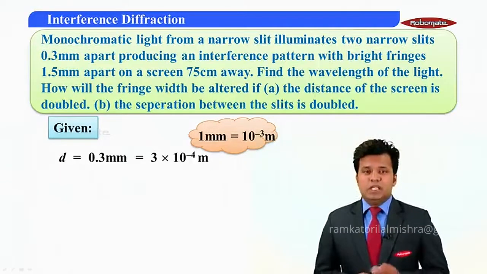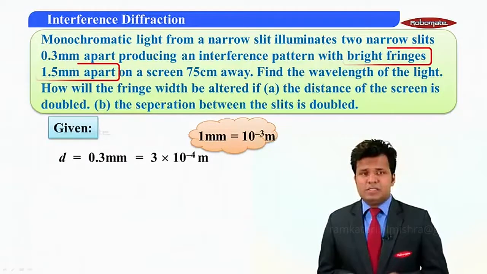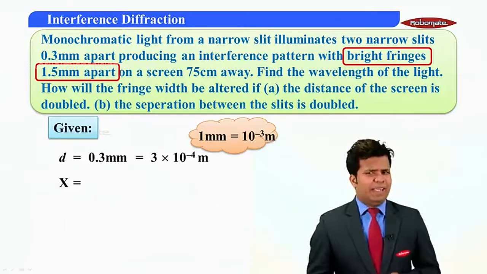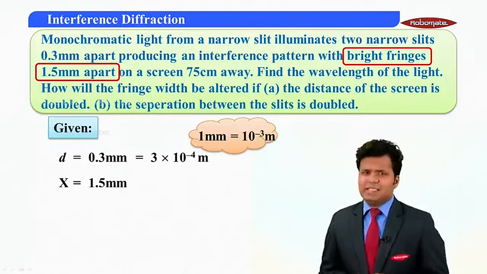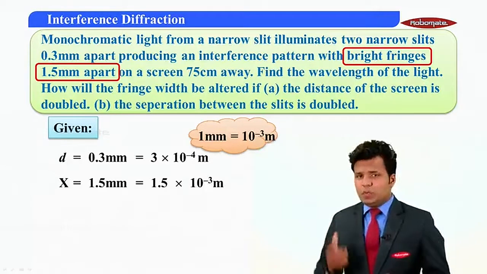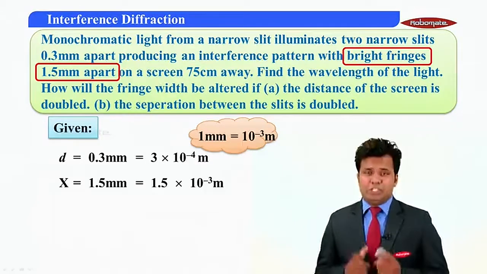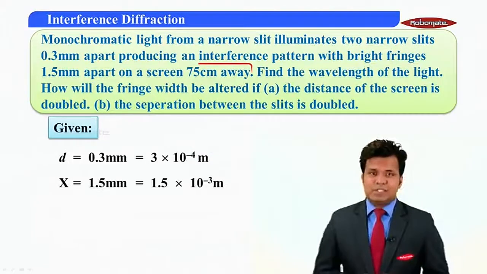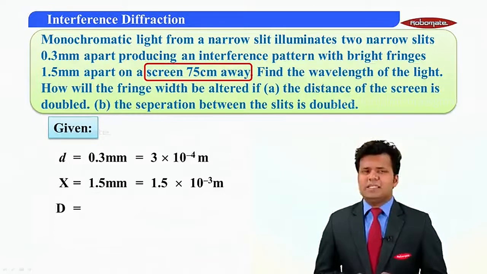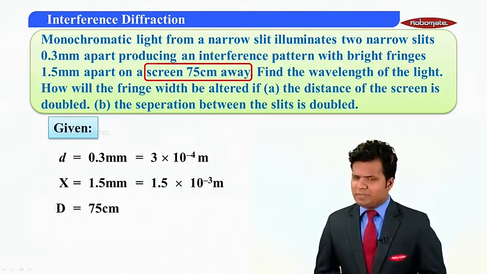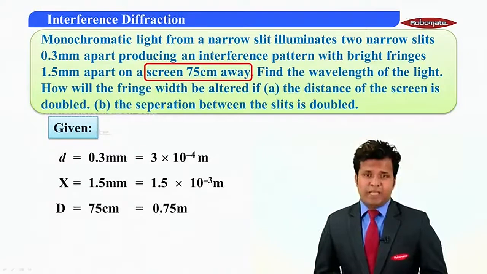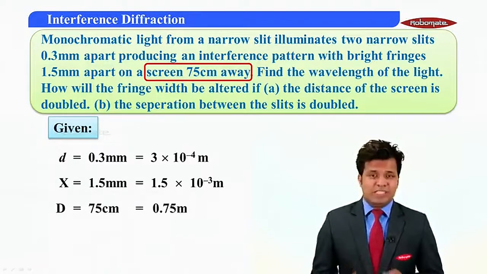The distance of bright fringe is given as capital X, which is 1.5 mm, or 1.5 into 10 raised to minus 3 meter. And the distance of screen, capital D, is 75 centimeter, which is 0.75 meters.